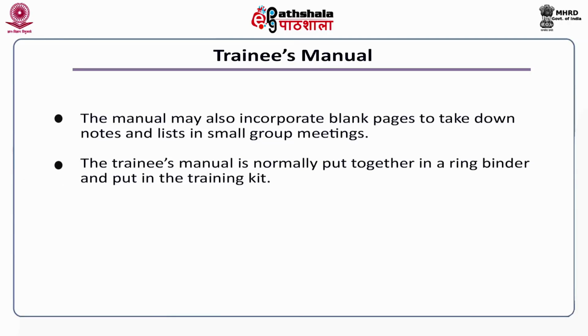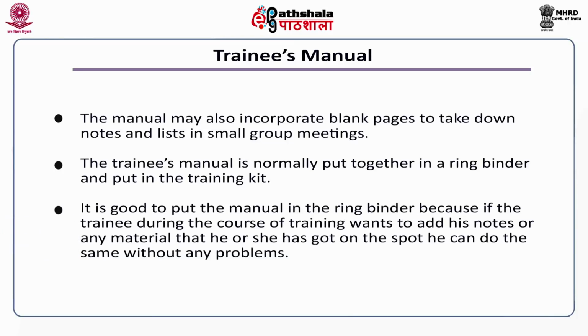The trainee's manual is normally put together in a ring binder and put in the training kit. It is good to put the manual in a ring binder because if the trainee during the course of training wants to add his notes or any material that he or she has got on the spot, he can do it without any problems.